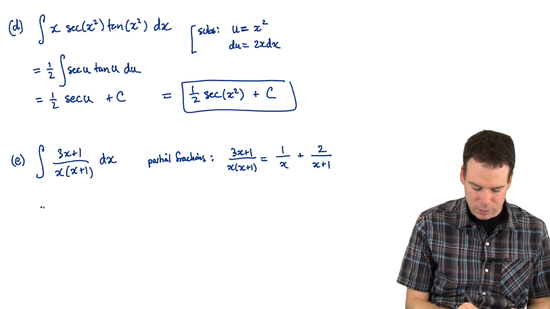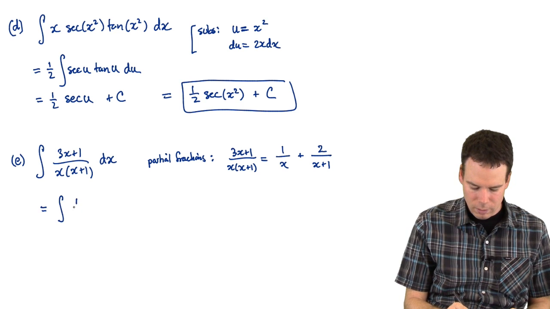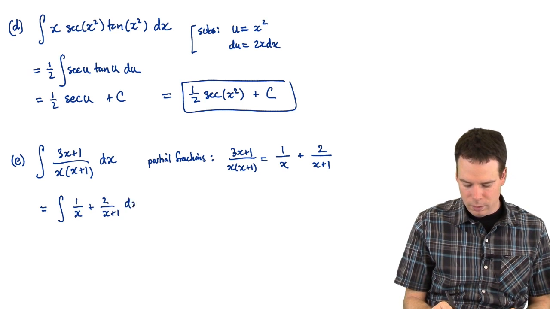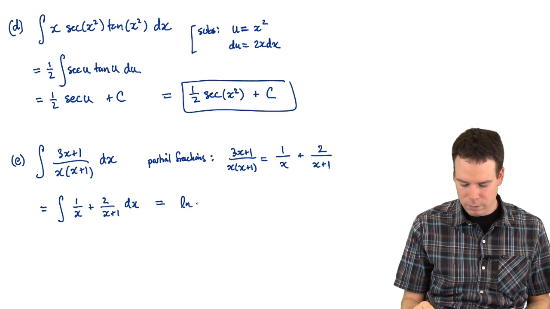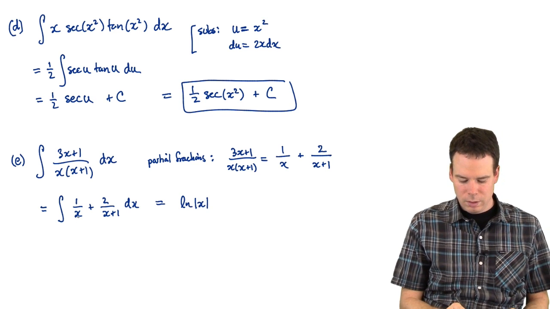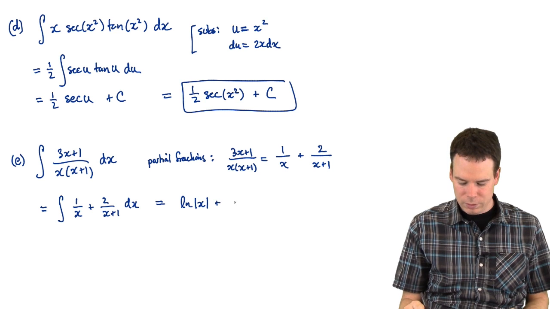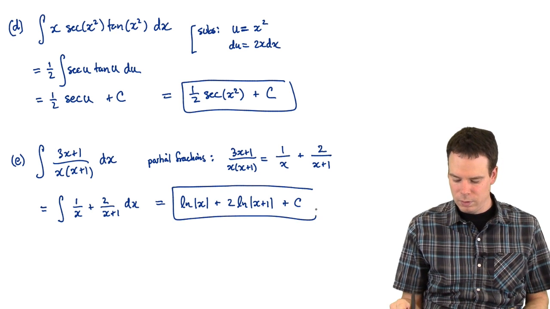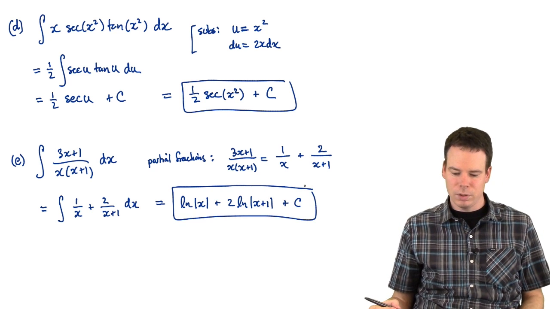So there's the decomposition. And therefore, the antiderivative is ln of absolute value x plus 2 times ln of absolute value of x plus 1 plus our arbitrary constant of integration. And so there's our result.